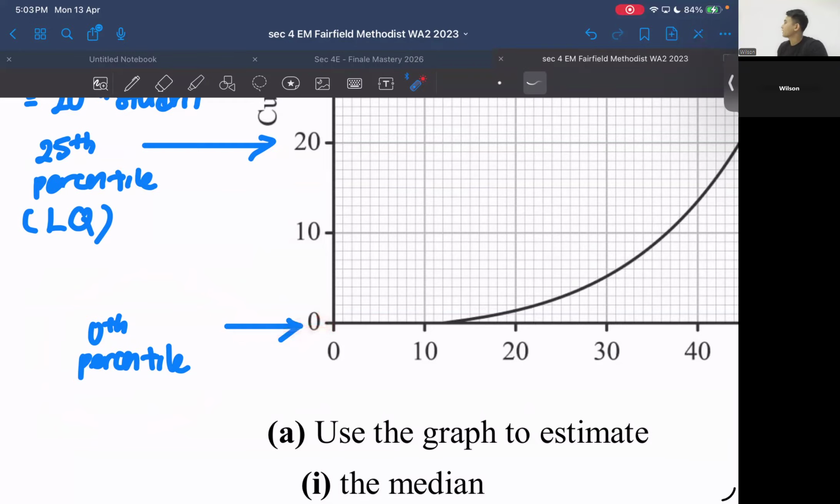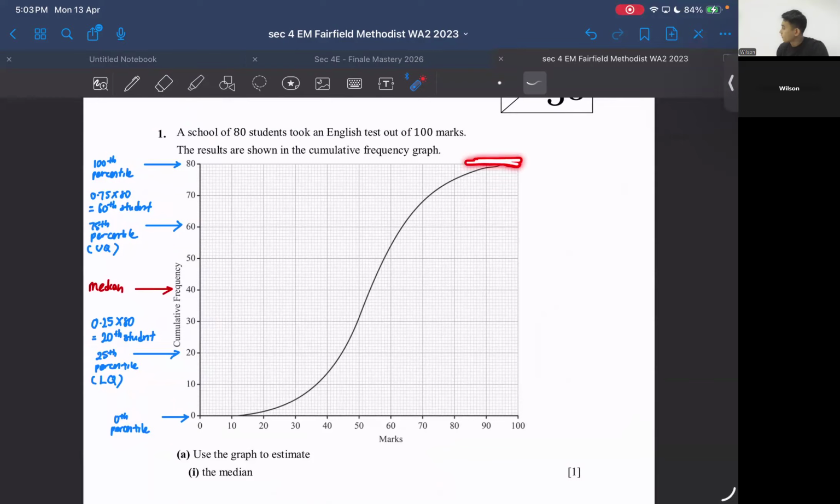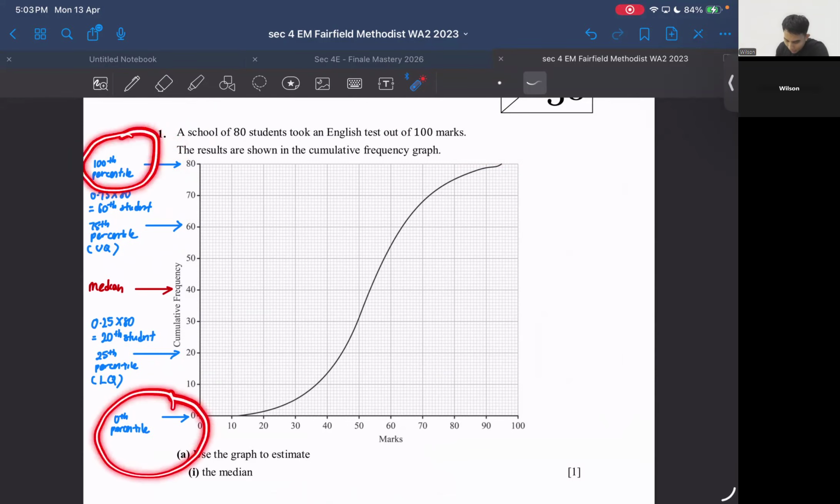If you go all the way up to the maximum of this curve, which in this case is over here, this is known as your 100 percentile. This is how we name things in our cumulative frequency: our 0 percentile and our 100 percentile. Now, on top of these two percentiles, there are three more which are of interest.